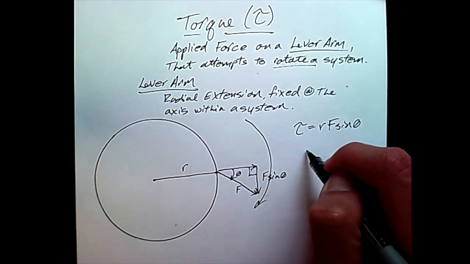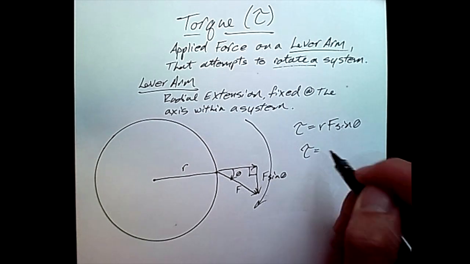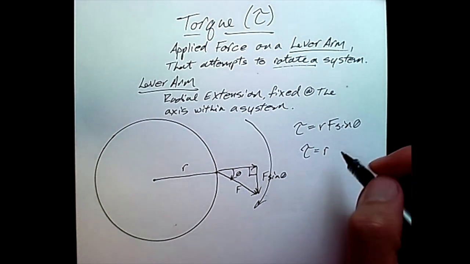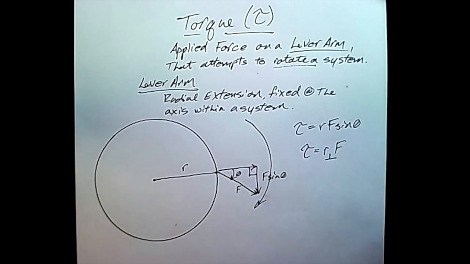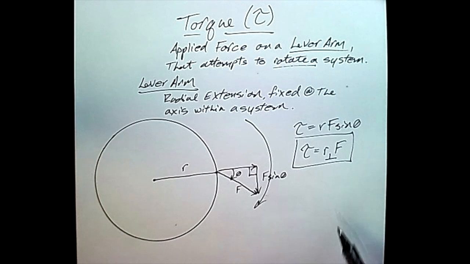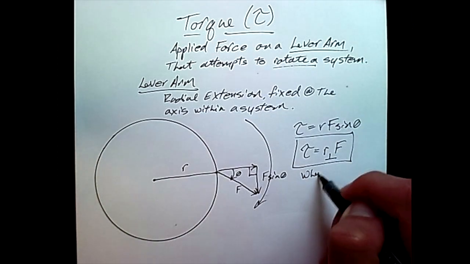What's more true is that torque, an applied force on a lever arm, is the radial arm which is perpendicular to the applied force. This is the proper format for the torque formula, where R and F are perpendicular.